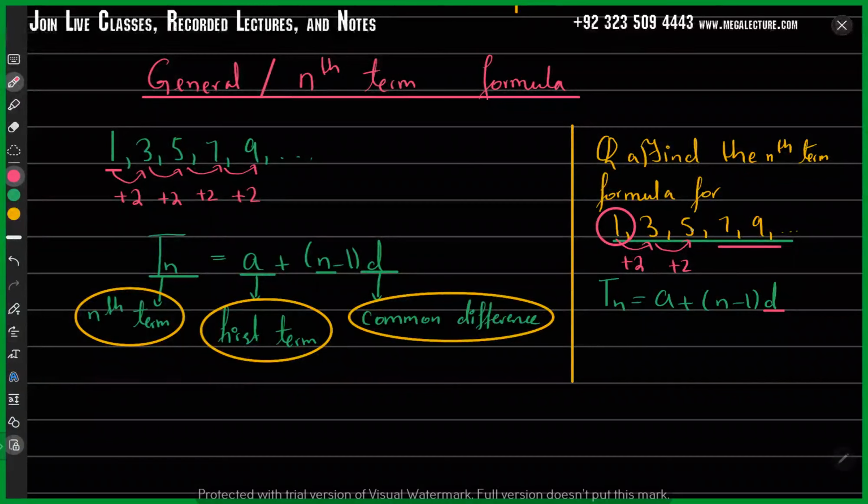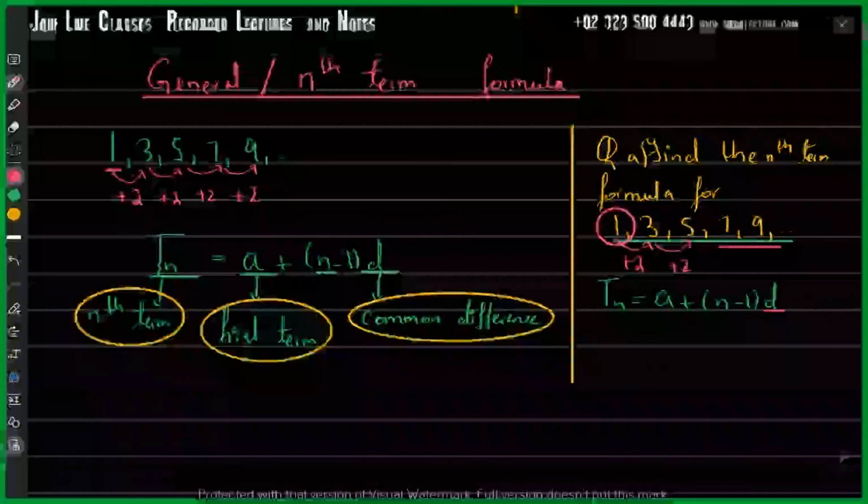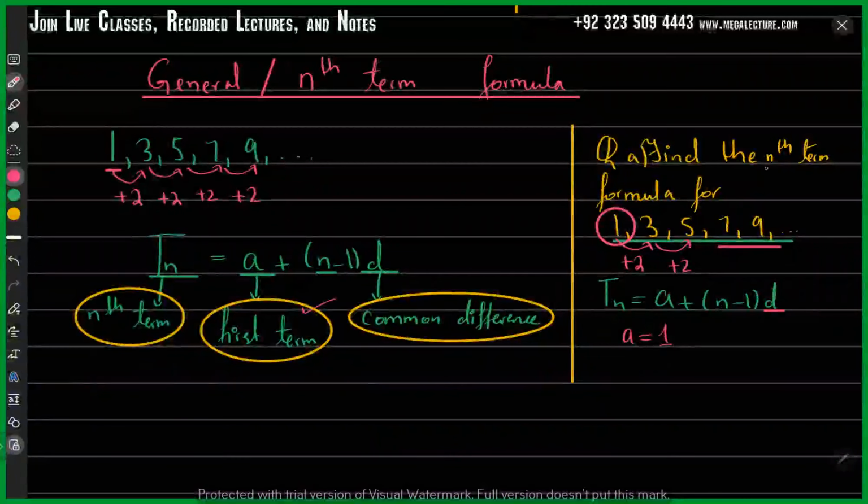Okay. So a is equal to 1. This is my first term. A is the first term. And n is going to stay n because the question was about the nth term. And d is the common difference, that is positive 2.